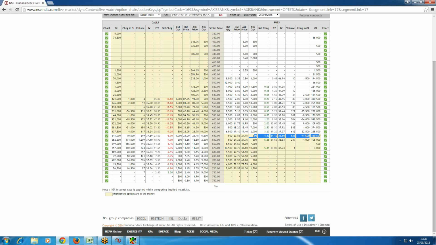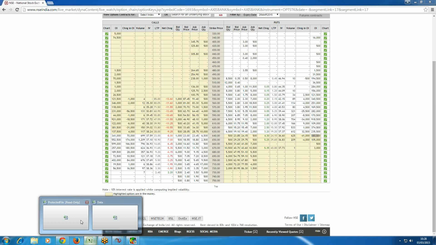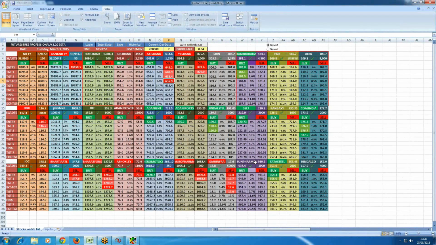And you just see what the volumes and change in open interest are. In case you wanted to trade on Jindal Steel, on that particular stock option, you can see that 190 is the strike price.